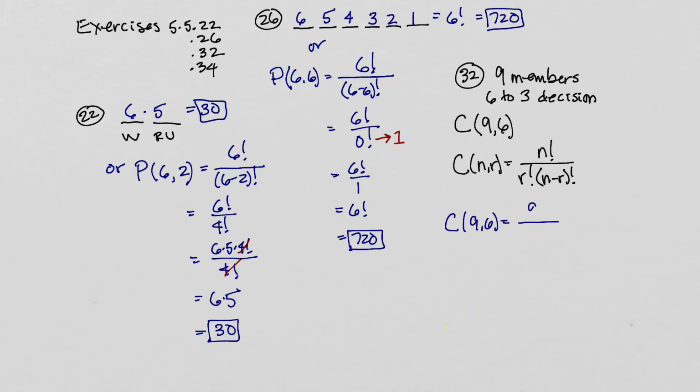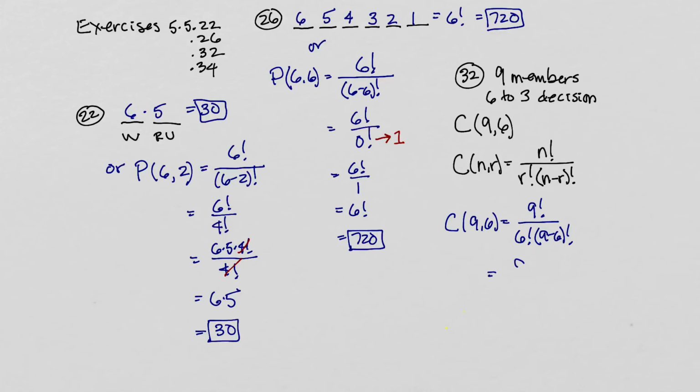So we have 9 factorial, the total number of justices, on top, and in the bottom 6 factorial, the number we use, times the number we're not going to use. If we're using 6, we're not using 3, and that 3 comes from 9 minus 6 factorial.